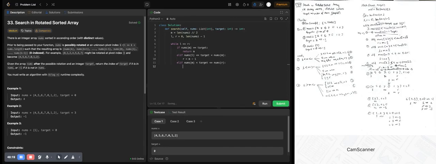Okay, then in this case, it will move the left to mid plus 1. With nums of left less than or equal to target, or the target is less than the mid.